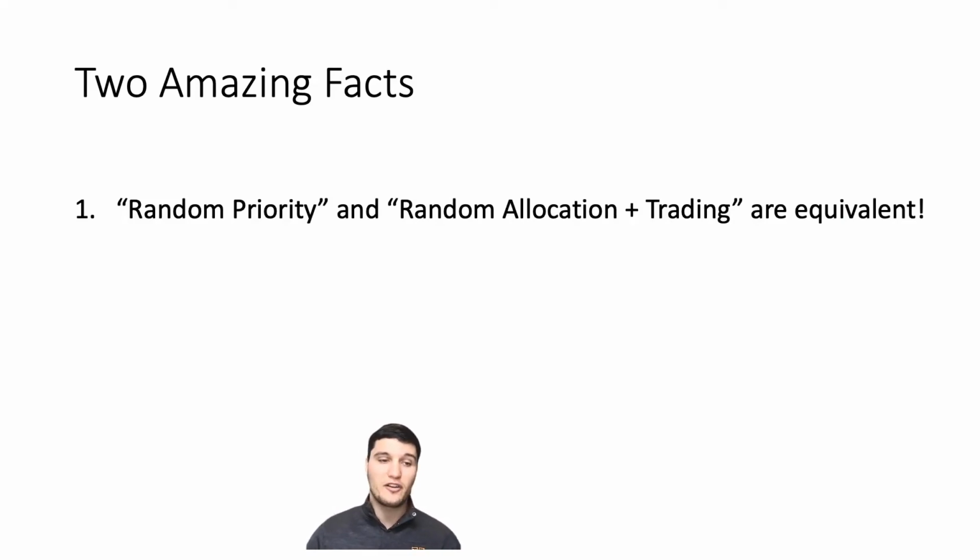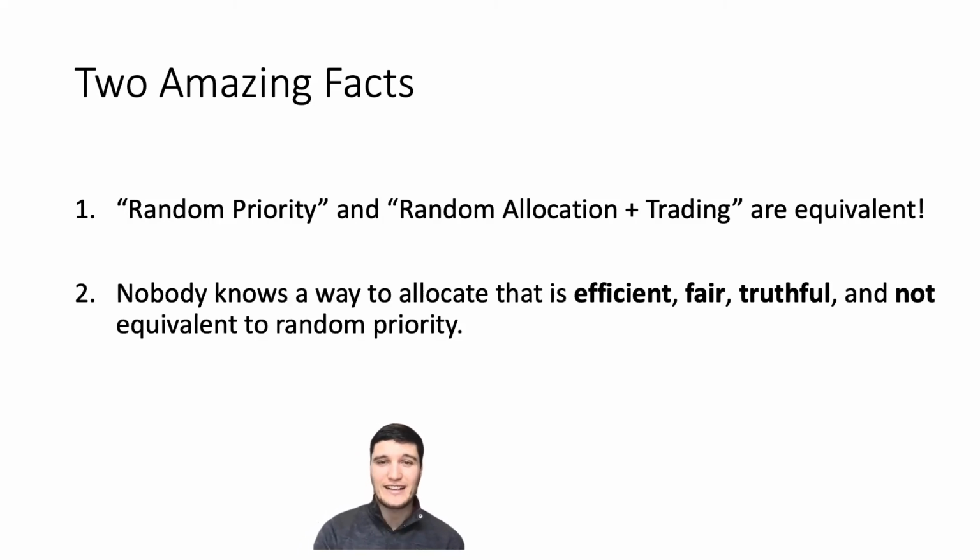So if random priority gives you a 30% chance of getting your favorite object and a 20% chance of getting your second favorite, then random allocation with trading also will give you a 30% chance of your first object and a 20% chance of your second object. Pretty cool and pretty amazing. Definitely requires a proof.